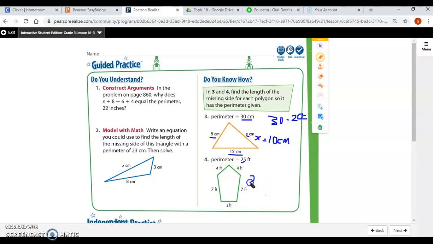So I need to do 25 minus 22. And that is 3. So S equals 3 feet. And I know my units by looking at the problem.